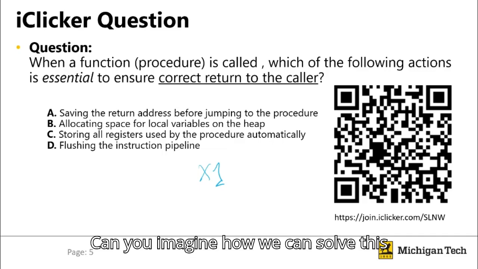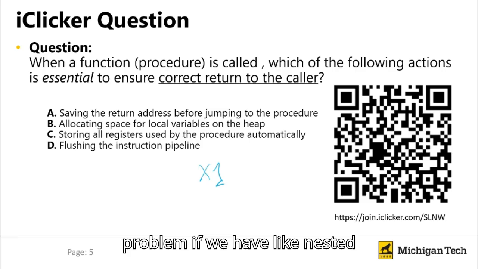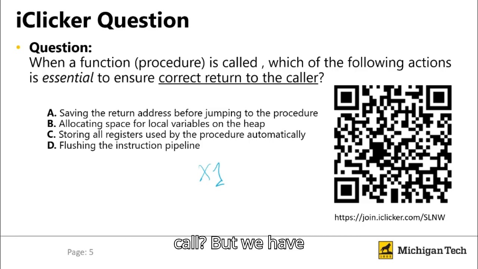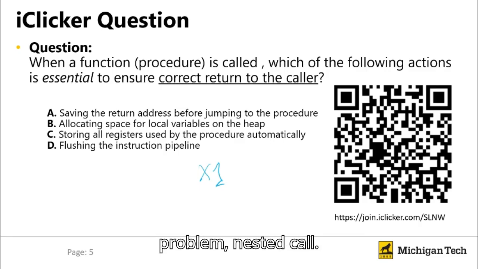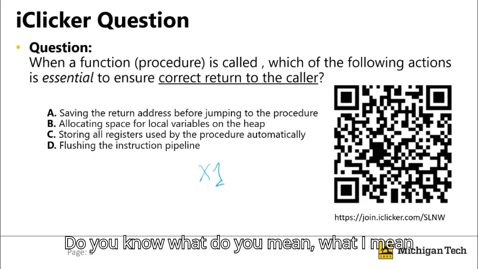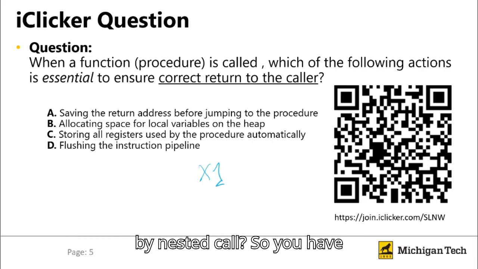Can you imagine how we can solve this problem if we have a nested call, but we have just one x1? How do we deal with this problem? Do you know what I mean by nested call?